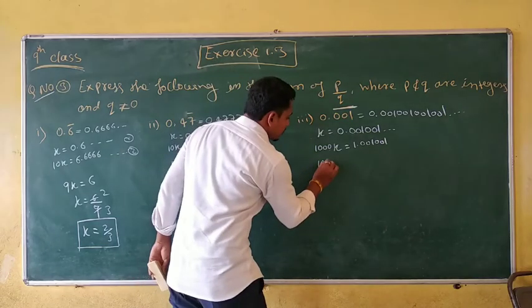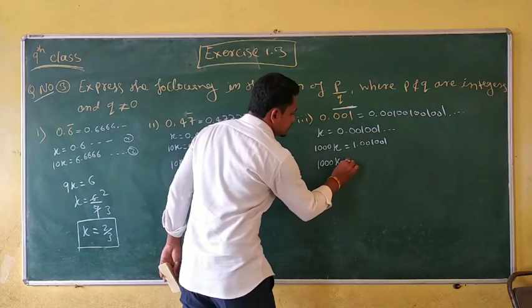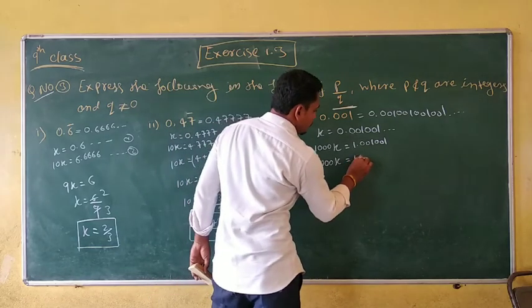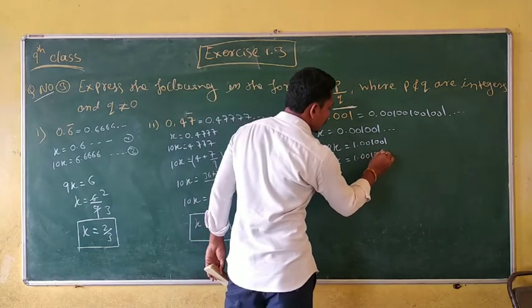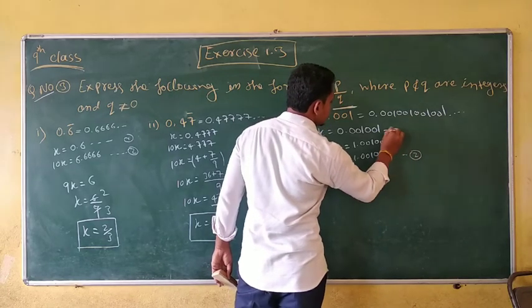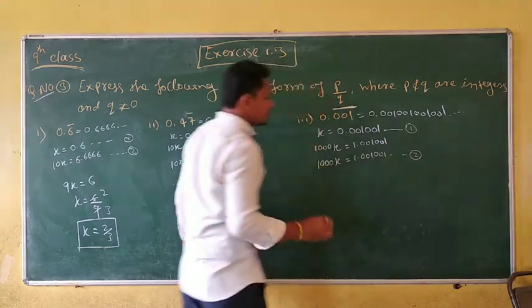So now here 1000x is equal to 1.001001. So this is equation number 2 and this is equation number 1.